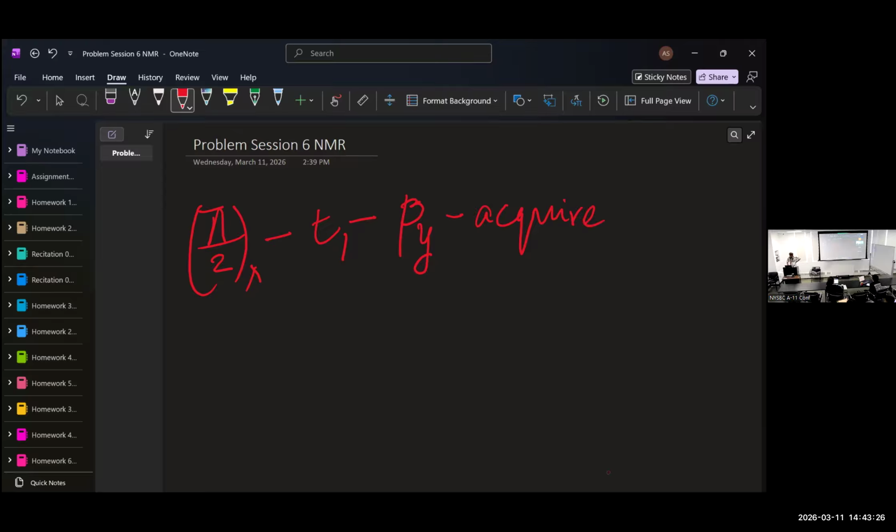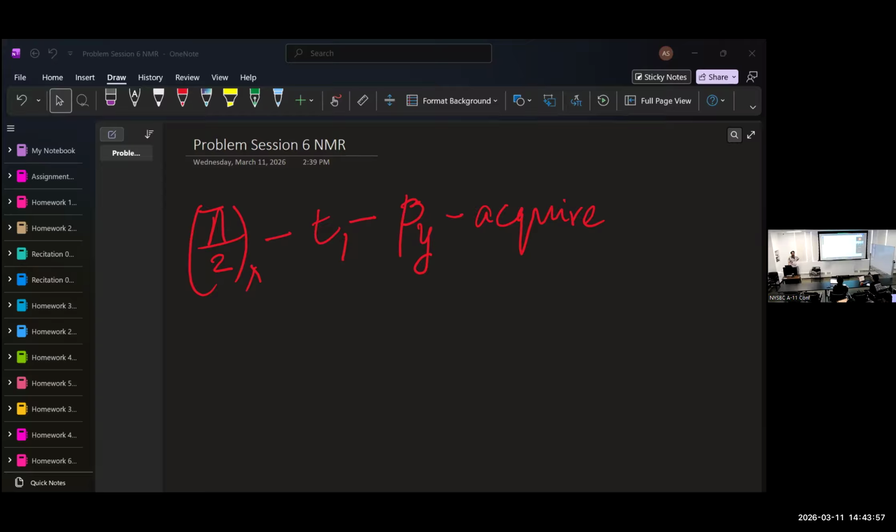The first question asks you for the product operators present prior to t2, the acquisition, assuming beta equals 0, pi over 2, pi, 3 pi over 2. Unlike a phase cycle, where you shift the phase of the pulse, here the second pulse is of constant phase y in all the steps, but the flip angle, so the duration of the pulse, is being changed.